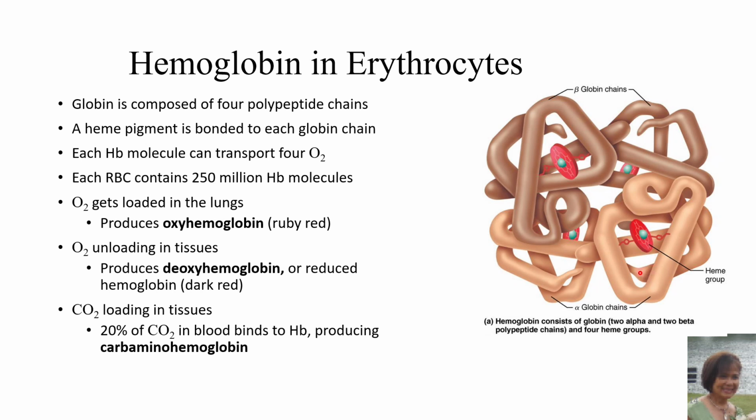Trust me. So it is unloading the oxygen and then loading carbon dioxide in the tissues. 20% of the carbon dioxide in the blood would bind to hemoglobin, producing a complex unit which you call carbaminohemoglobin.